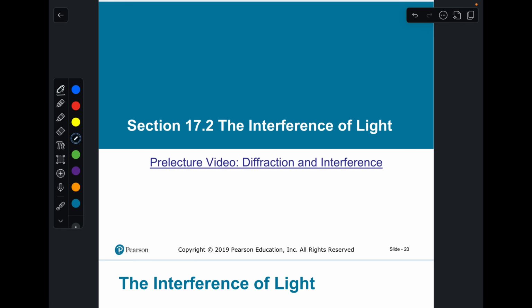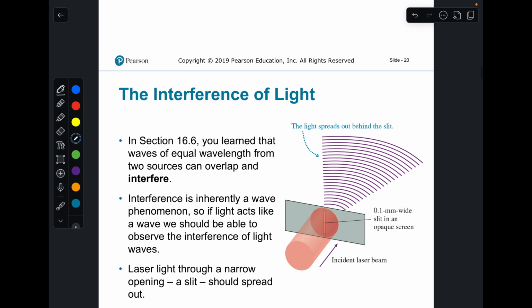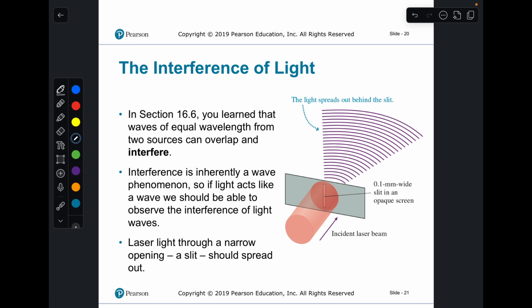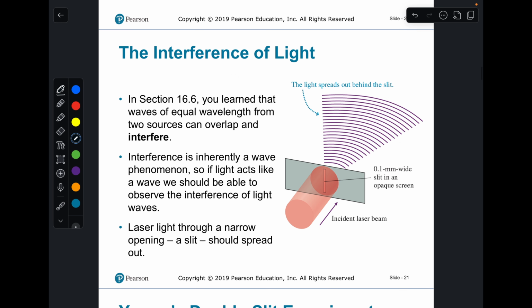So the big thing that we're going to talk about in this lecture is what happens when light interferes with other waves of light. What we saw earlier is that waves can interfere with one another, and this interference is a wave-like phenomenon.